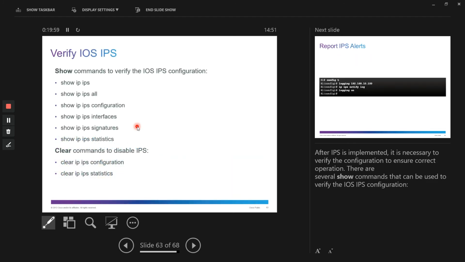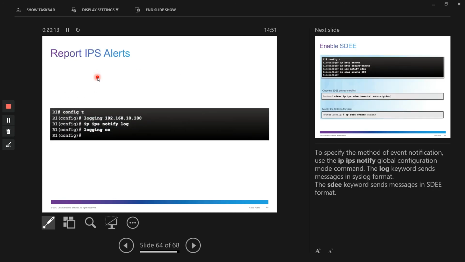Finally, to verify iOS IPS, there are a number of show commands available that can help you verify whether IPS has been configured properly or not. To specify the method of event notification, you can use the ip ips notify command in global configuration mode.